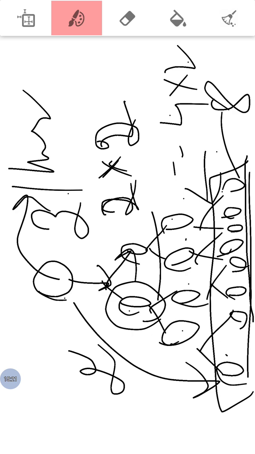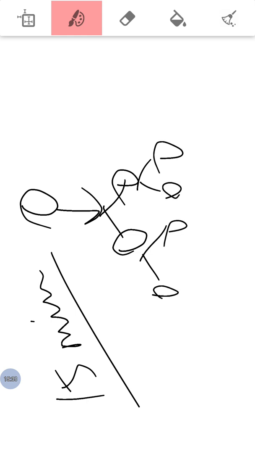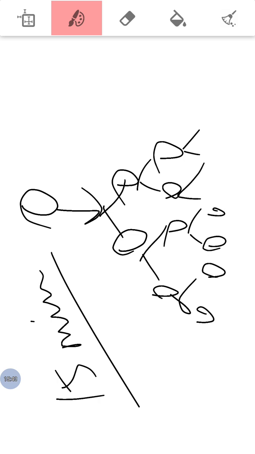So you just see, within a span of not just 1 hour, I would say a few minutes, say for example 15 minutes, you will see that from one cell, 2 cells, then 4 cells, and then finally 8 cells are taking birth.